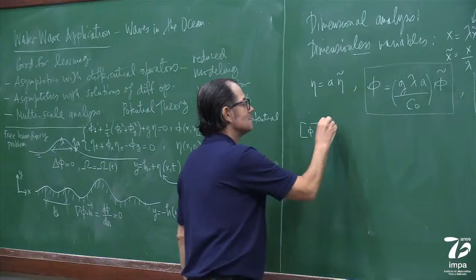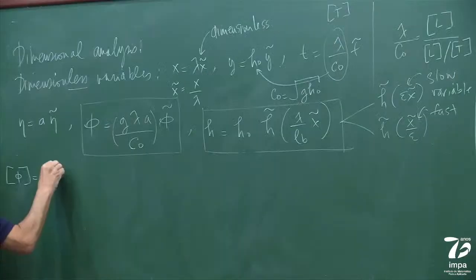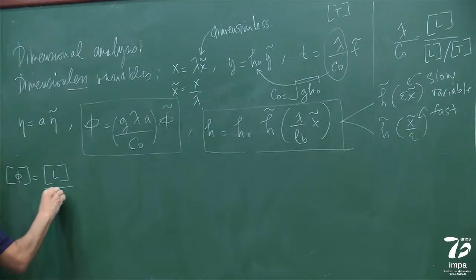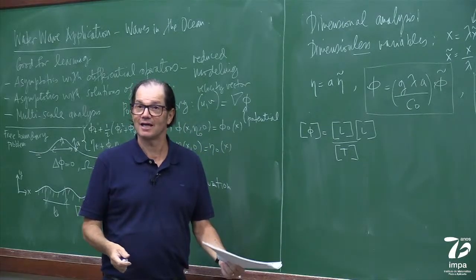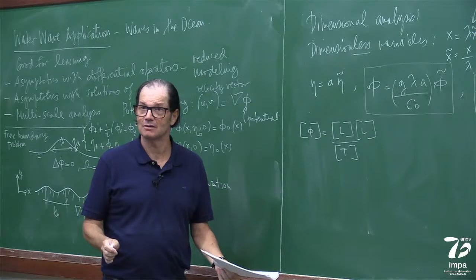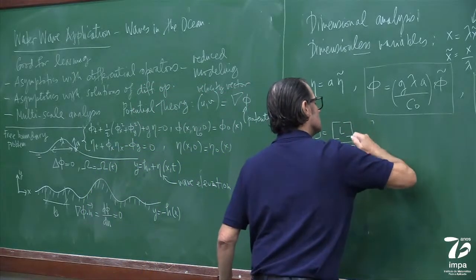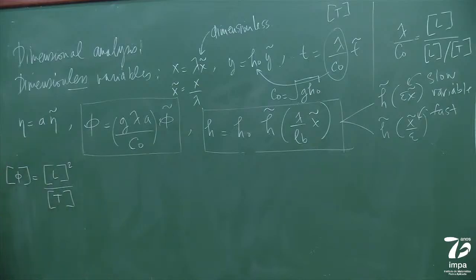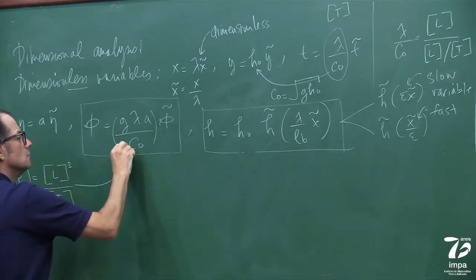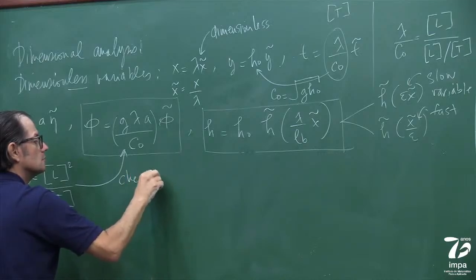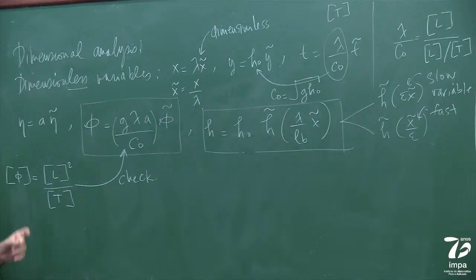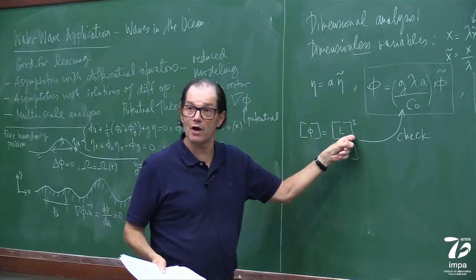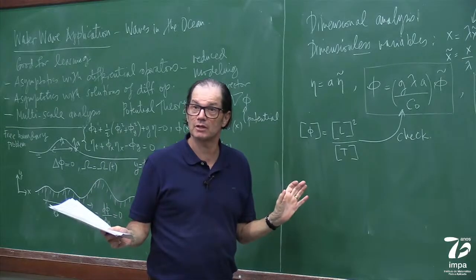This has to have units of length over time, which is the speed, times length, so that when I differentiate it, I get the speed. You agree? Okay, so I can erase this and put here squared. Then I'll leave it to you to check that this has the right units, that it has units of length squared over time.